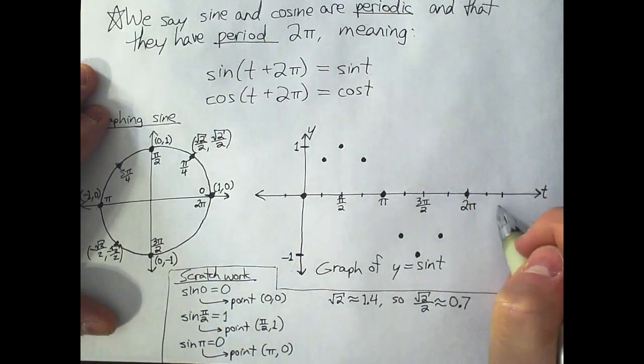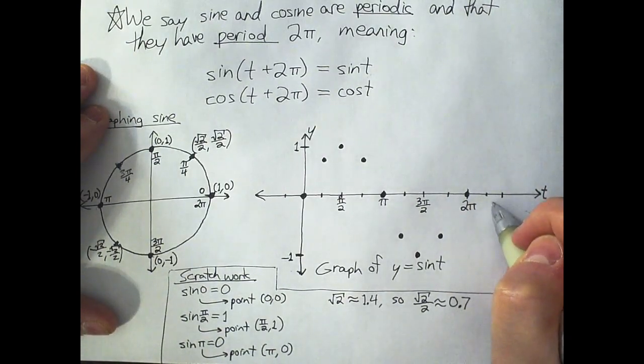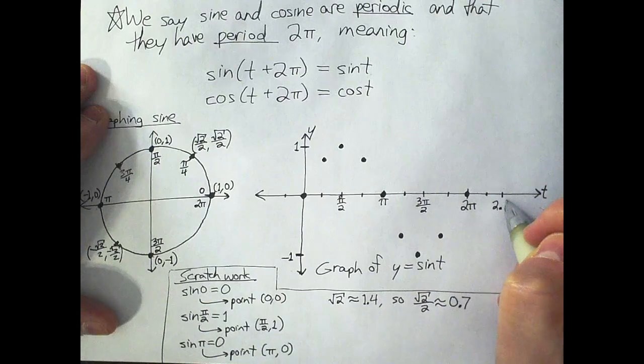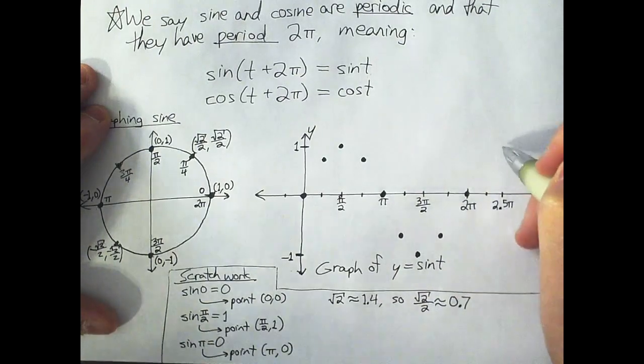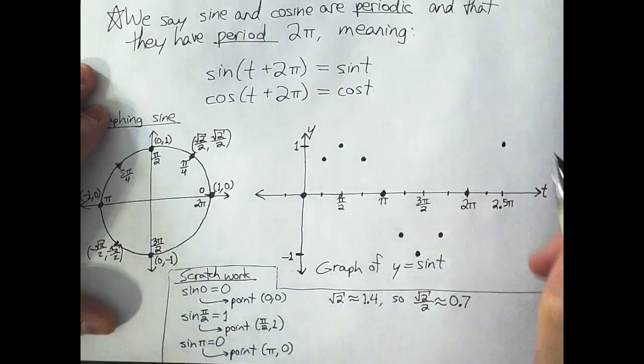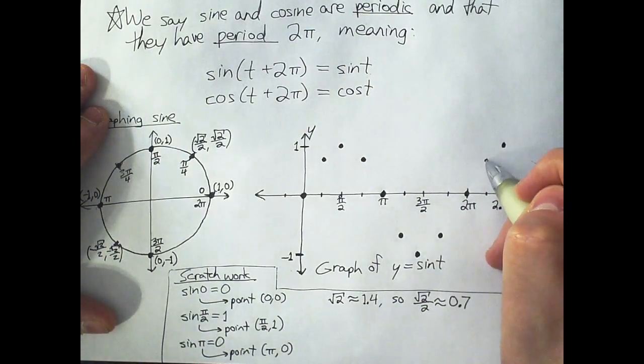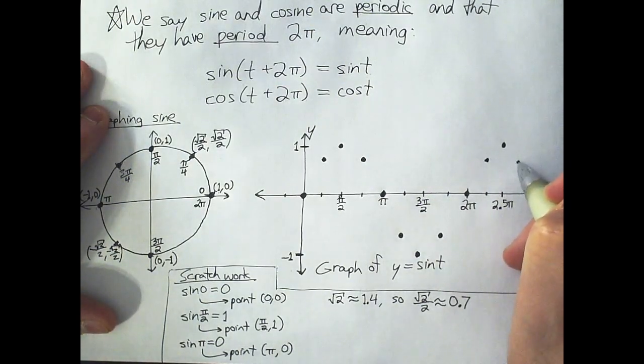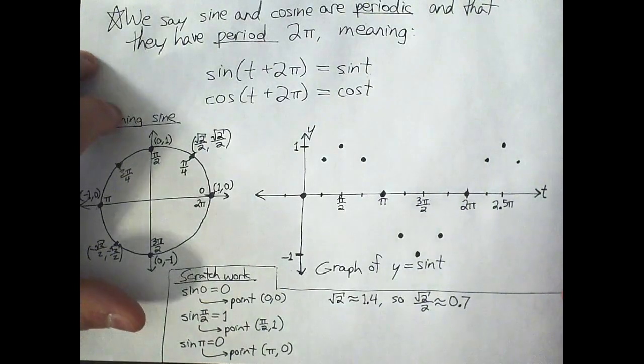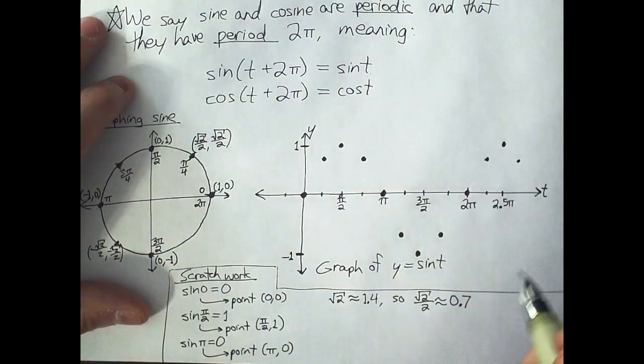For example, here's 2.5 pi. We said sine of 2.5 pi was 1, so we'd have a point up here. We'd also get this point here, this point here. All right, I think I'm ready to connect these dots. I'm going to connect the dots and show you that this actually connects into a nice smooth curve.